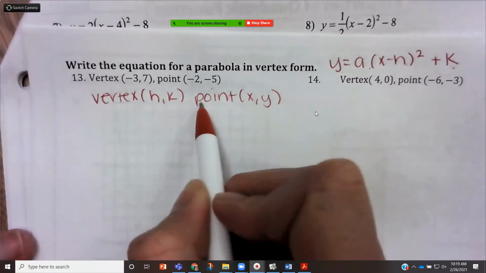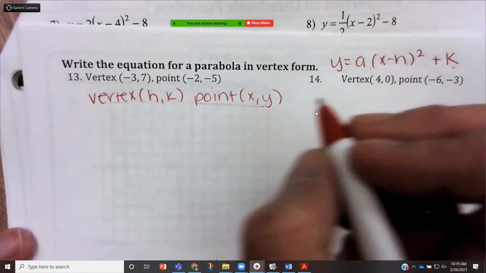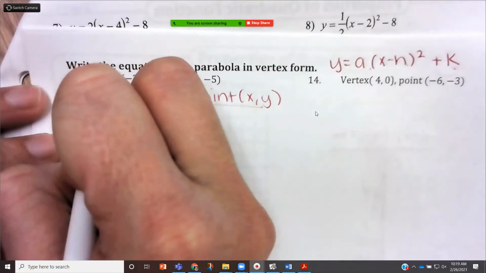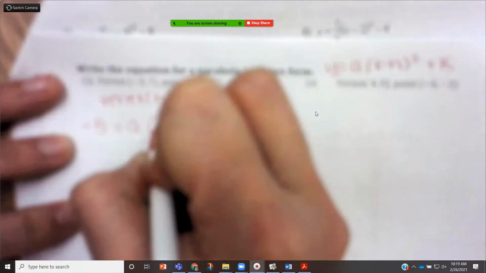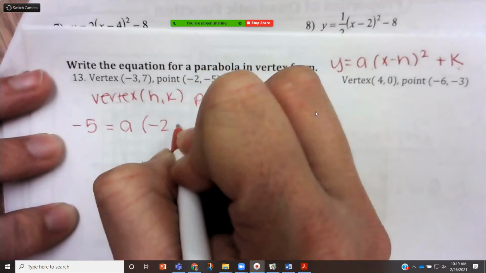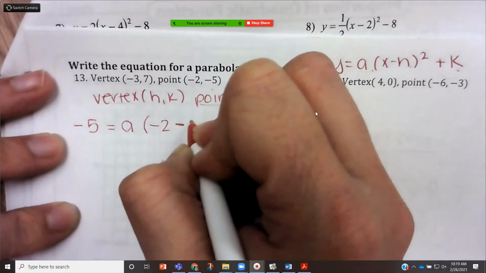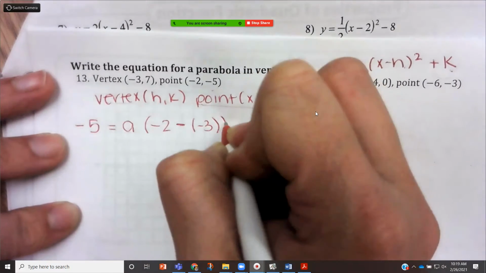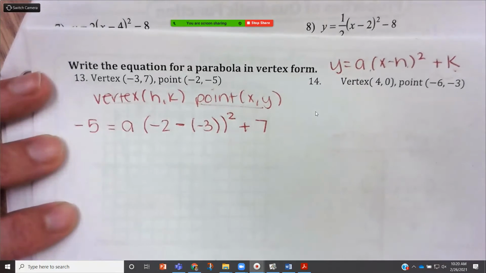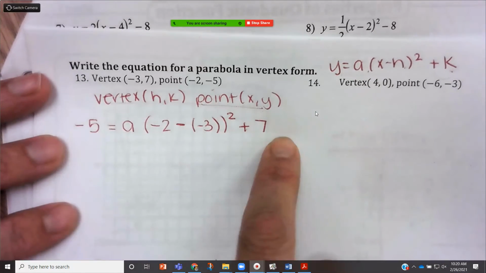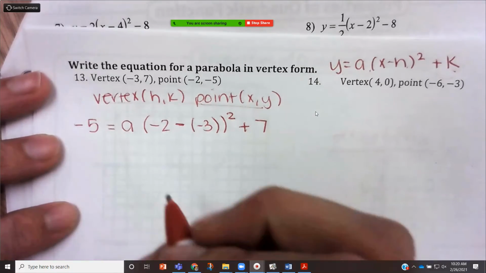So what we're going to do is use h, x, and y to plug into that equation. So it would be negative 5 equals a, negative 2 minus, because that's part of the formula, h, which is negative 3, squared plus k, which is 7. Now, all this is using your order of operations to solve for a variable.